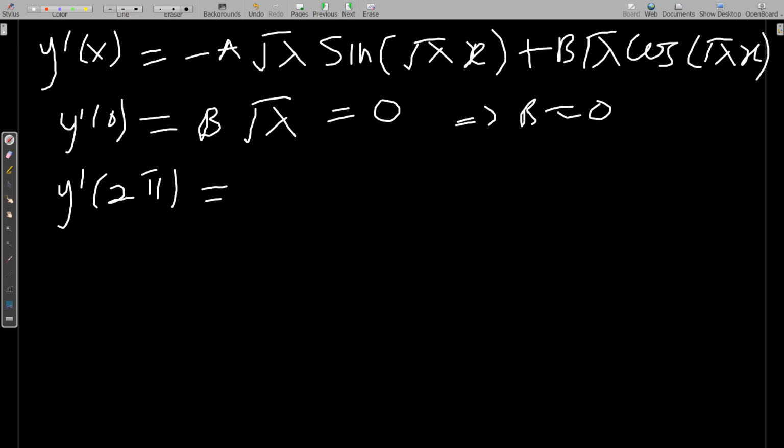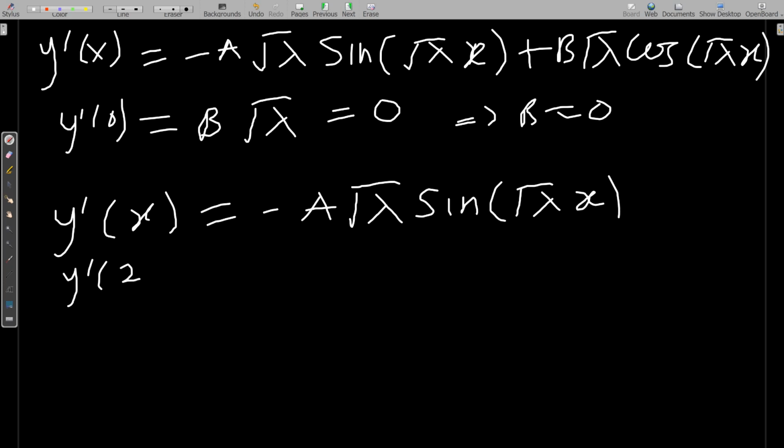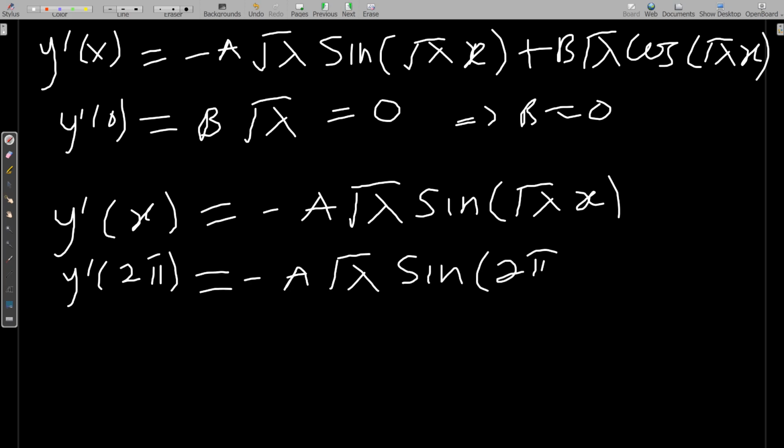Now go to y prime of 2 pi. Remember, b is actually 0, so it means my y prime of x has then turned to minus a square root of lambda sine of square root of lambda x. So my y prime of 2 pi will then be equal to minus a square root of lambda sine of 2 pi square root of lambda equals 0.